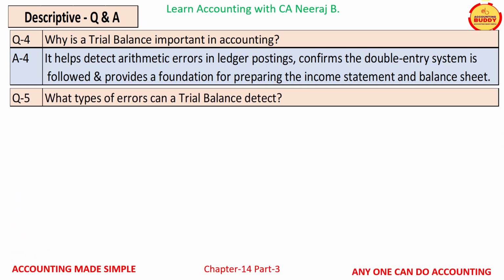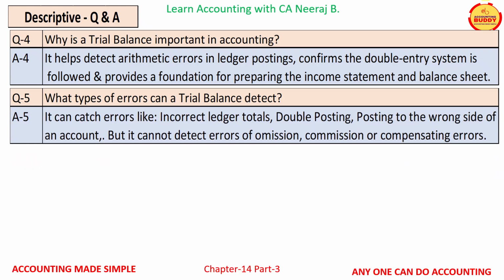Question number 5 is what types of errors can a trial balance detect? And the answer is it can catch errors like incorrect ledger totals, double posting, posting to wrong side of an account, but it cannot detect errors of omission, commission or compensating errors.